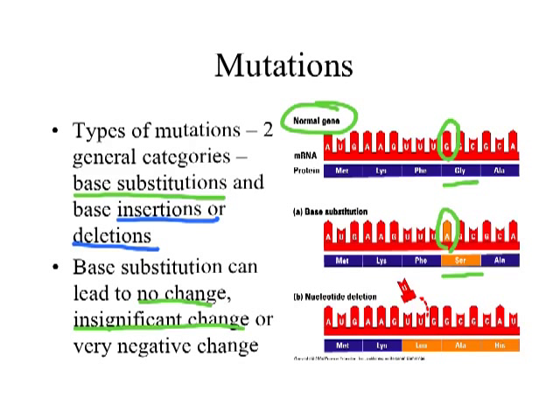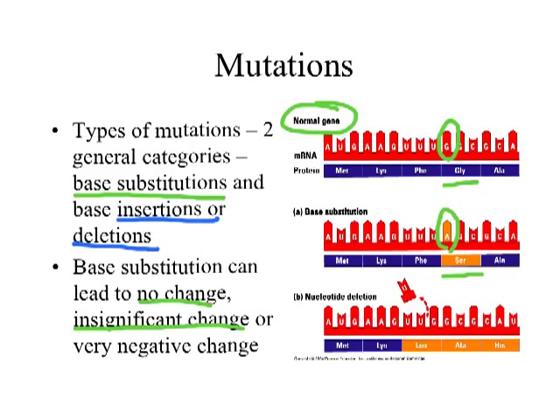So some base pair substitutions, remember, we've got that little wiggle room. Looking back at the genetic code, we do have a little wiggle room there with the second and third base pairs within a codon. So sometimes we can see either no change or a very insignificant change, meaning that we're going to get the same amino acid coded anyway.